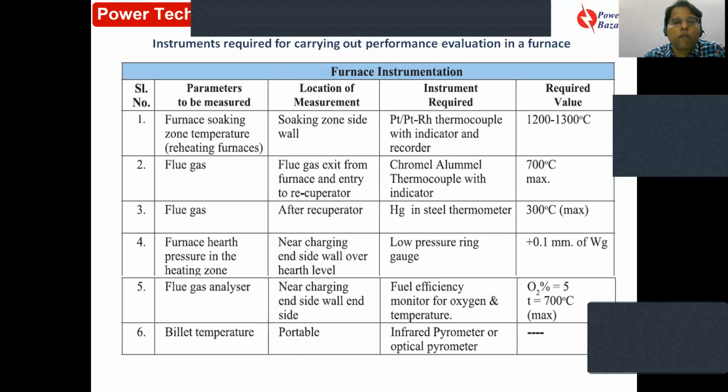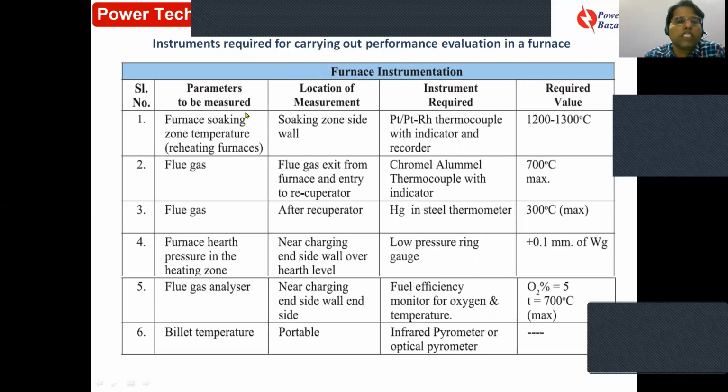That means when you join two metals like platinum and platinum rhodium at two terminals, and you heat one terminal and cool the other terminal, then you will get some electrical effect, which is known as the thermoelectric effect, due to which you get a temperature reading. So this is the principle of the thermocouple.